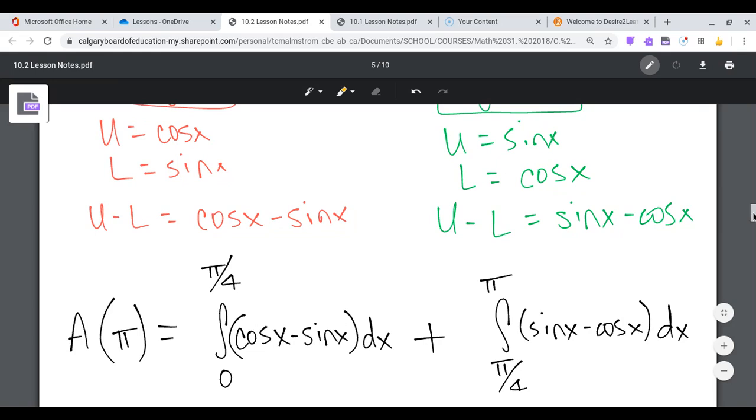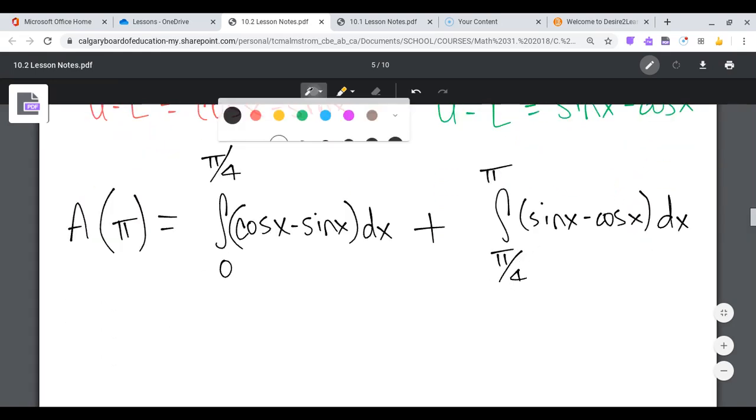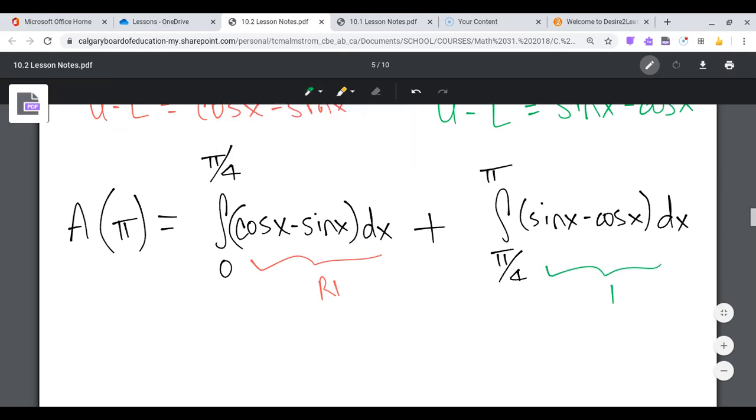All right, now we get to integrate. So just remember that this is region 1, and then this one is region 2.